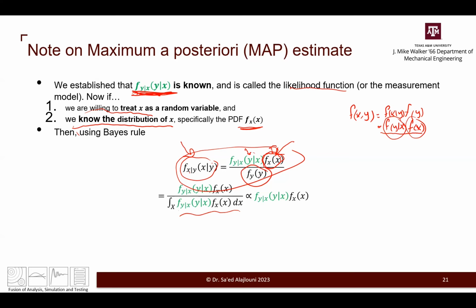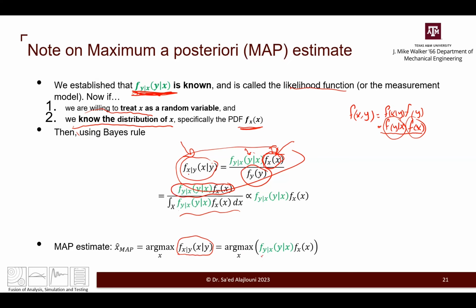So now let's define our maximum a posteriori estimate as the argument that maximizes the posterior distribution. This is equivalent to the argument that maximizes the numerator here, because again, the denominator is a constant. So this is just to tell you what the MAP estimate is.